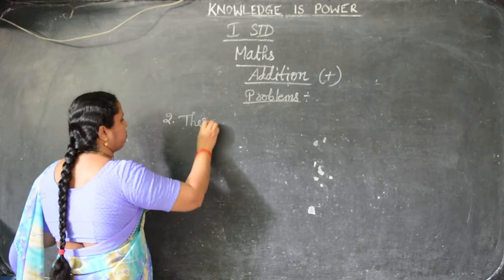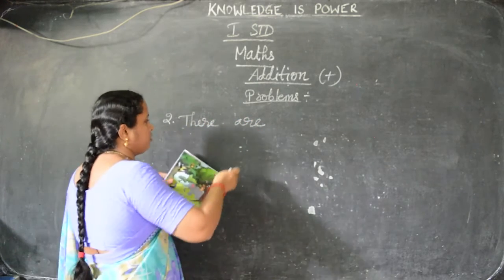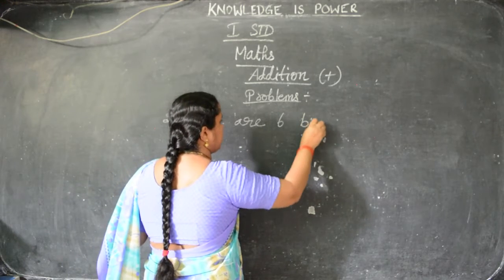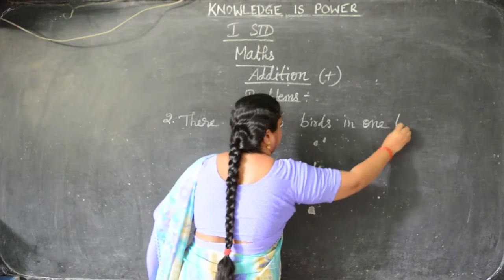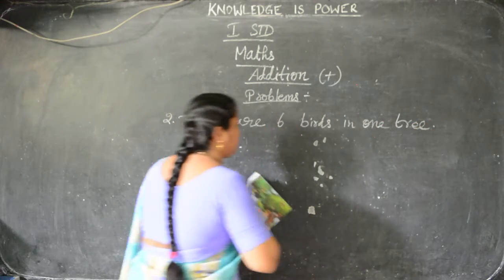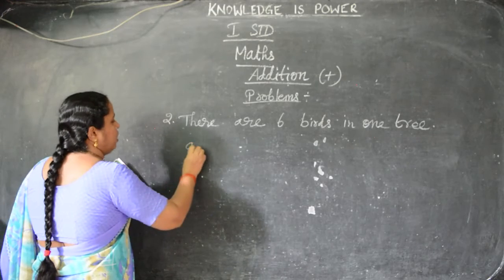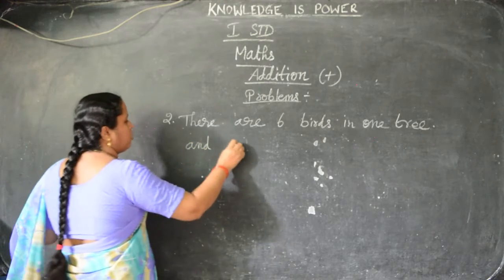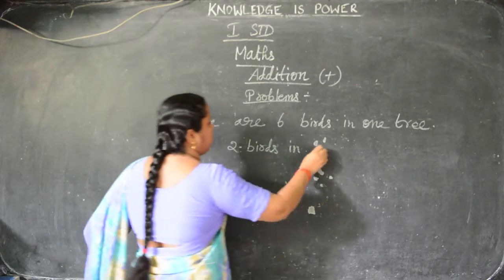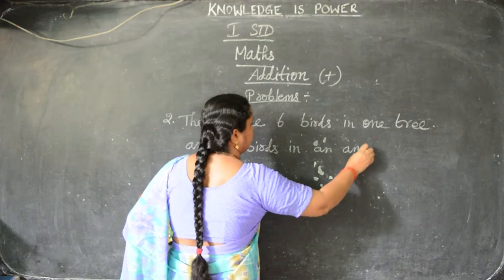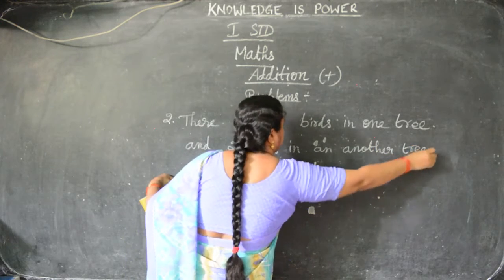There are 6 birds in one tree and 2 birds in another tree.